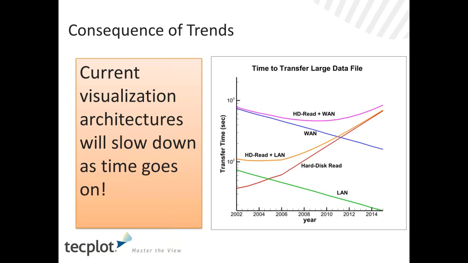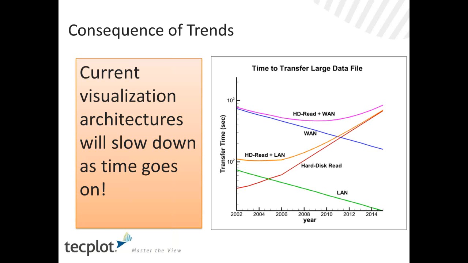And the data we found indicates that the local area network is actually improving slightly faster than that, every 16 months. So it takes less time as we go forward into the future to actually transfer that data over the network.